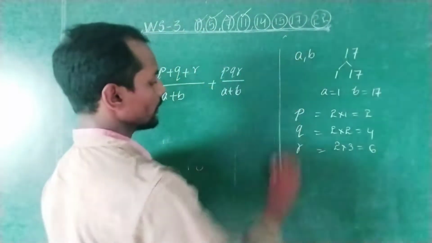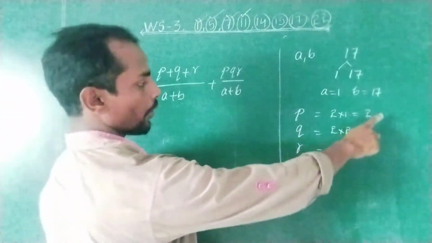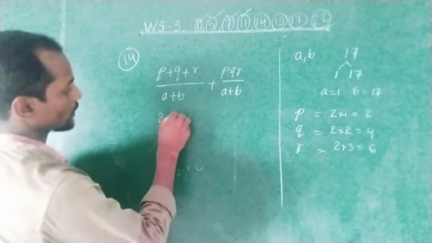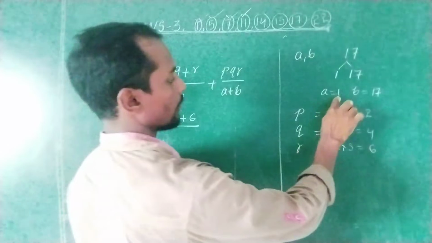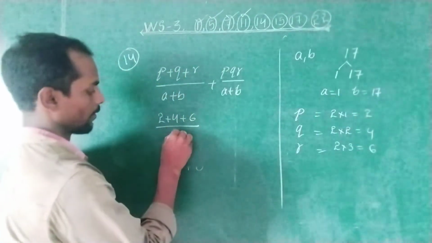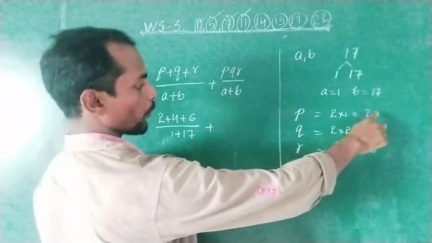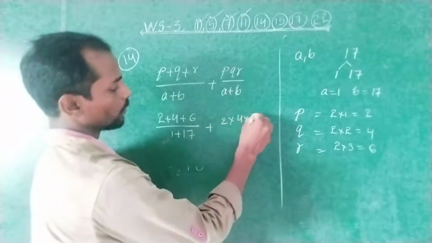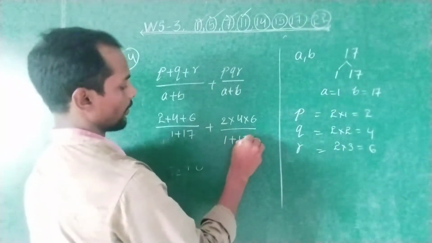Now let us substitute the values here. P plus Q plus R: 2 plus 4 plus 6 by A plus B, 1 plus 7, plus PQR: 2 into 4 into 6, by A plus B, 1 plus 7.